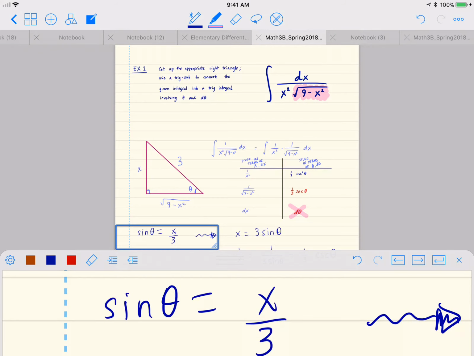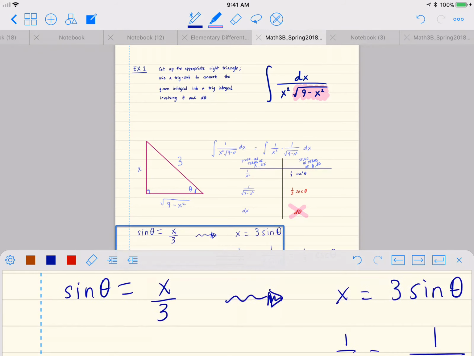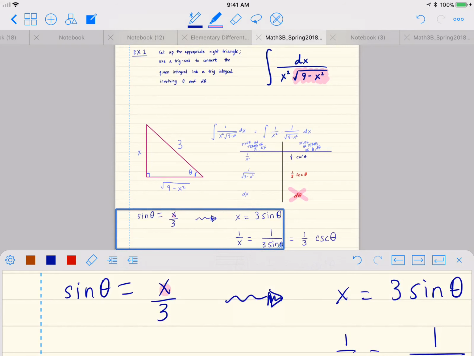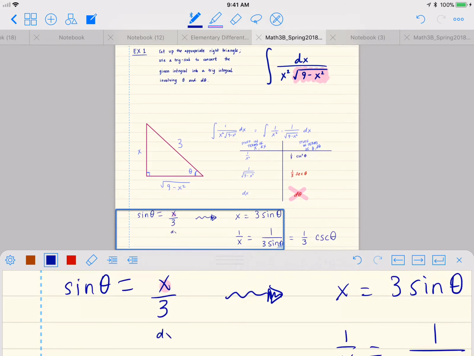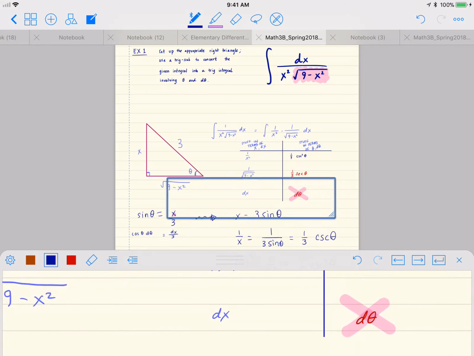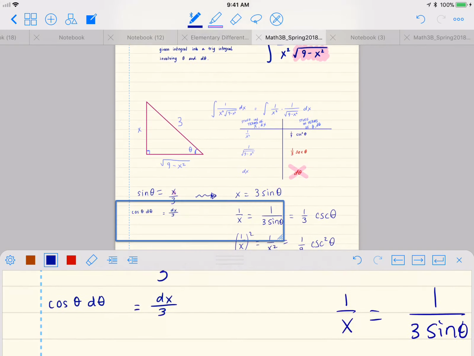If I know that sine of theta is equal to x over 3, then I can use that to compute dx over 3 is equal to cosine theta d theta. So how do I get dx? Well, dx is going to be 3 times cosine theta d theta.